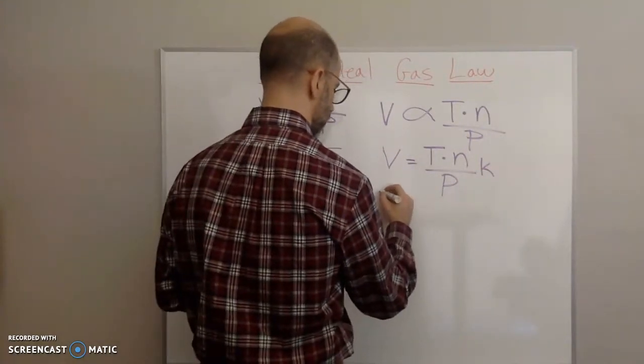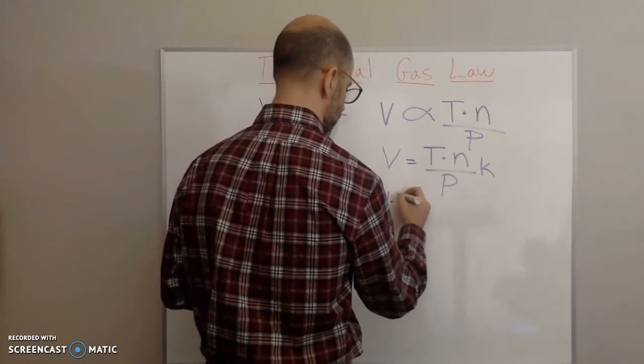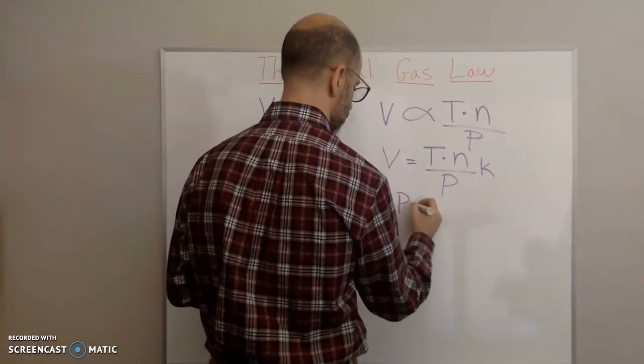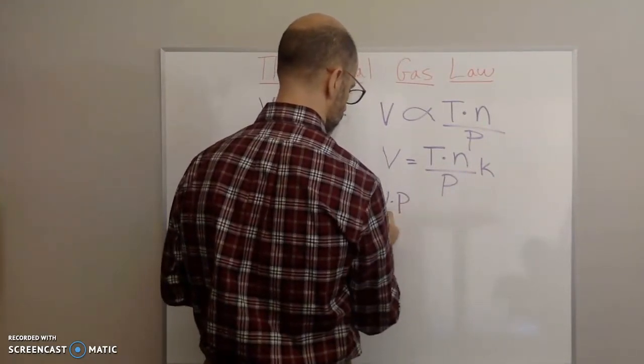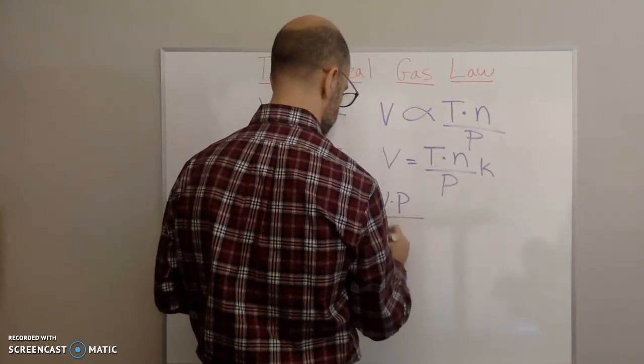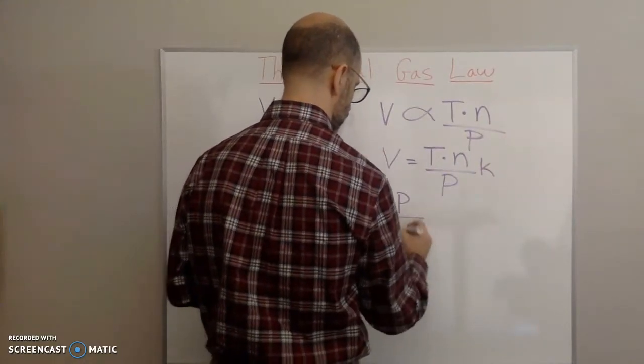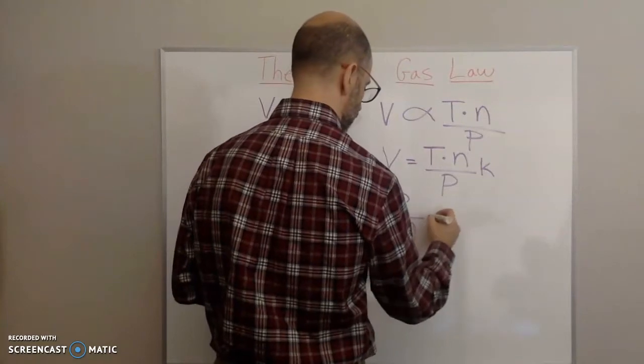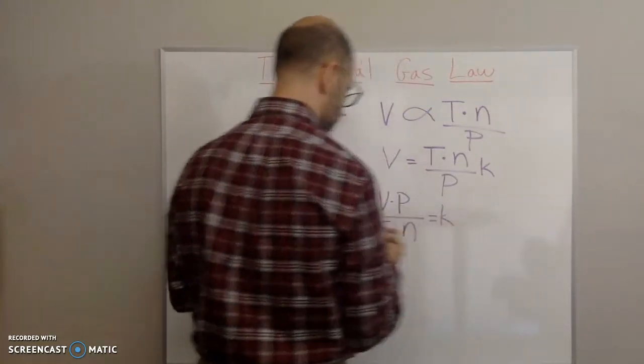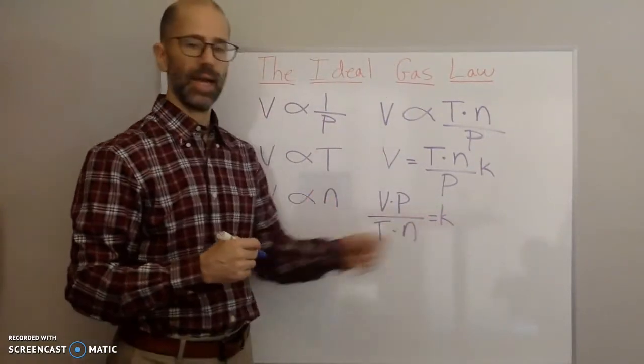So we got V times P over T over N, and that was equal to some proportionality constant K.